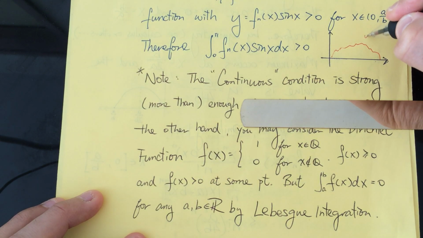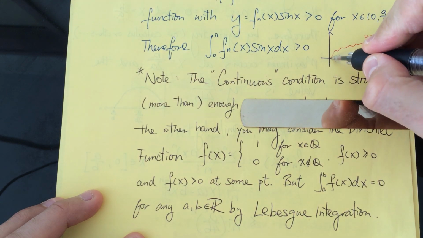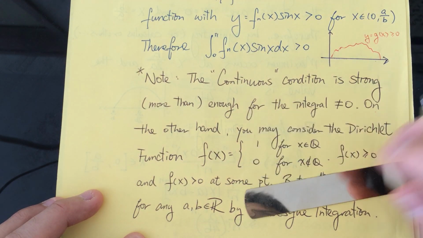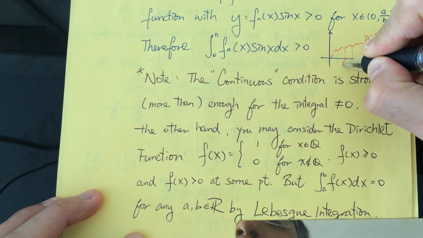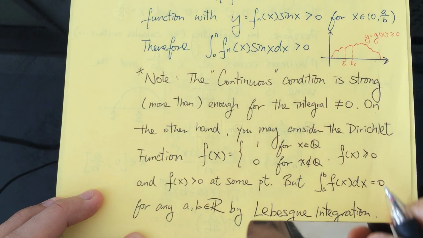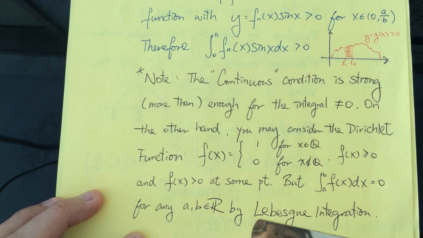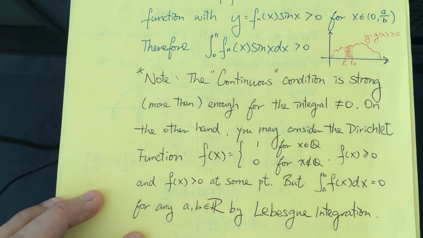So this is some function g(x), which is continuous, and it is greater than or equal to 0. Then we can surely construct a small range epsilon 1, epsilon 2, where this area is greater than 0. So this can be applied for continuous functions. If it is discontinuous, it is much more complicated. Then we will discuss it in the Lebesgue integration.